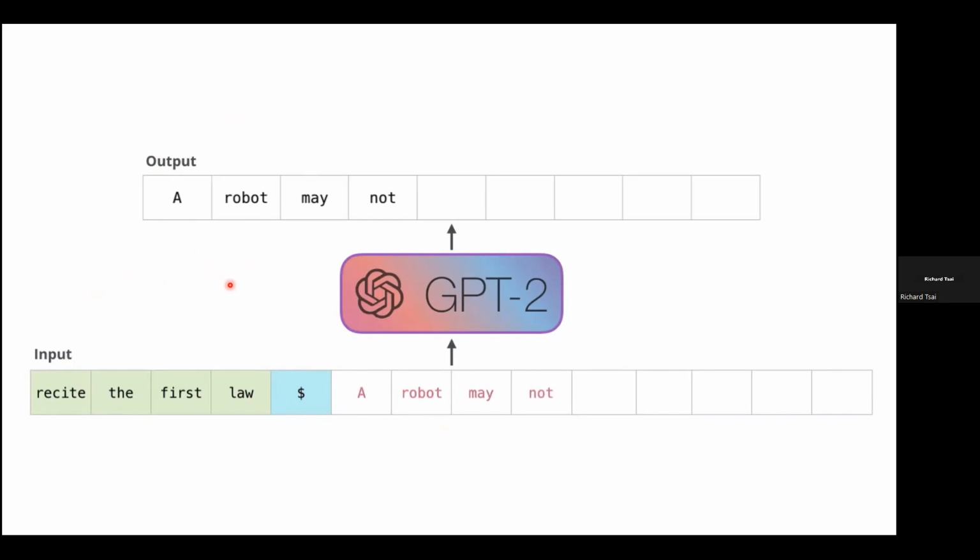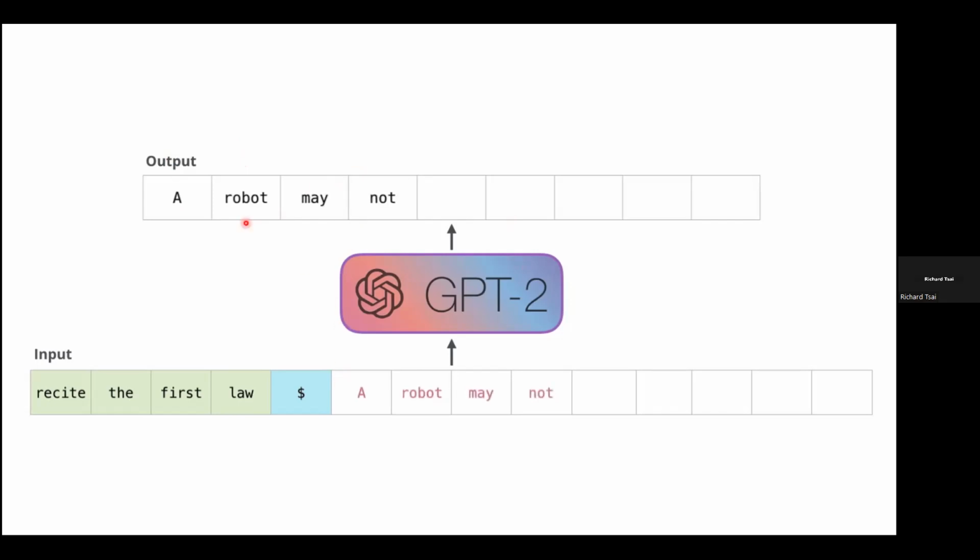With this updated prompt, GPT-2 generates the next token, "robot," which is added to the prompt, resulting in "recite the first law a robot."